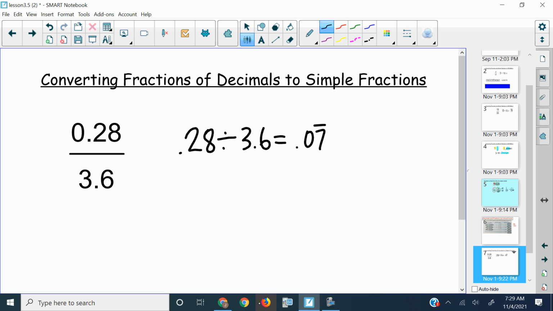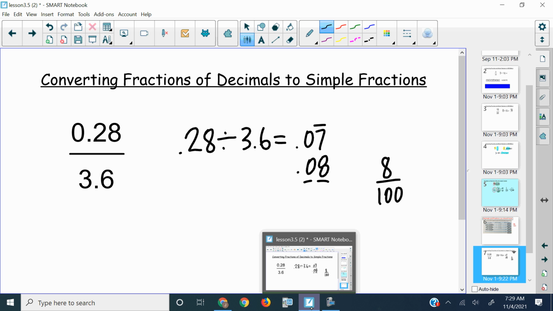Okay, so this is going to be pretty close to where I was going to round it. For instance, I'd say 0.08, which would be 8 out of 100, 8 hundredths, because we have 2 decimal places. Not exactly, but quite close to 8 out of 100.